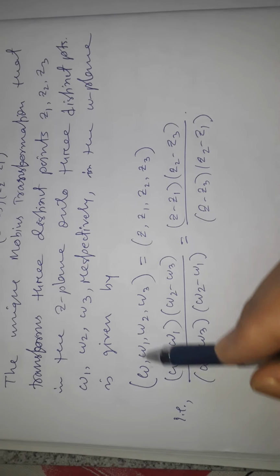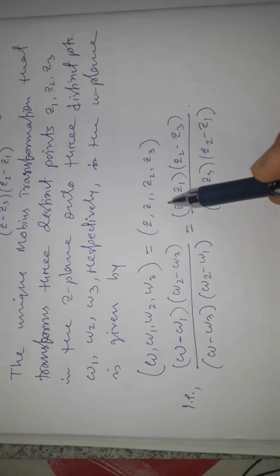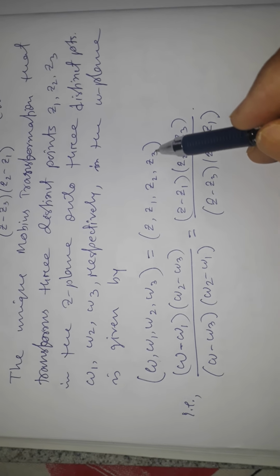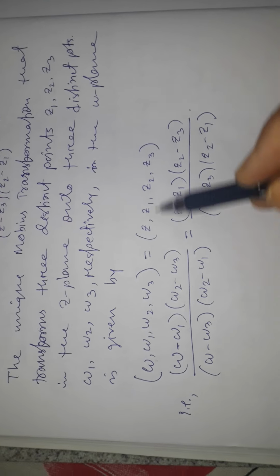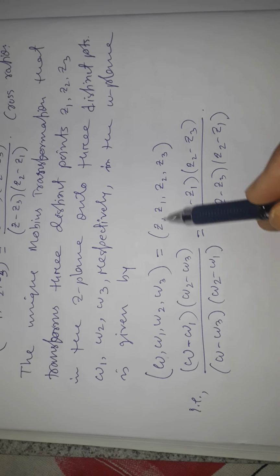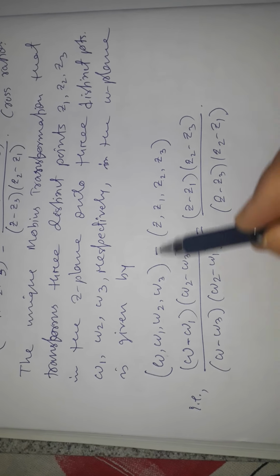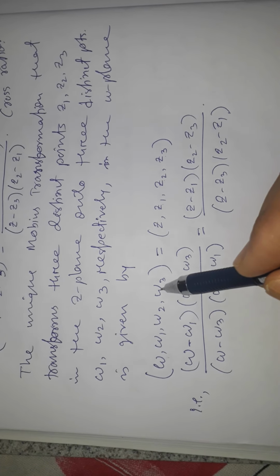So this cross ratio is preserved, for these three distinct points z1, z2, z3 in the z plane, meaning the finite z plane, onto three distinct points w1, w2, w3. This z1 is transformed to w1, z2 is transformed to w2 and z3 is transformed to w3.